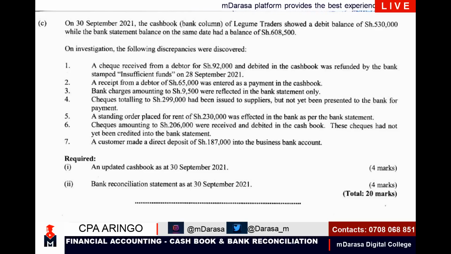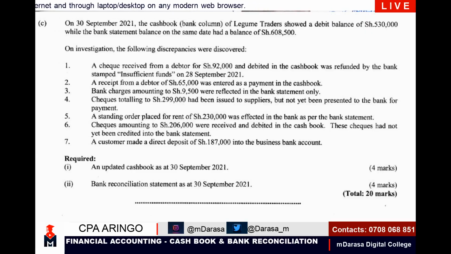Number one, we are told that a check received from a debtor for 92,000 and debited in the cash book was refunded by the bank stamped insufficient funds on 28th September 2021. So clearly, that is a dishonored check. Initially, what happened is that I had recorded it as a debit, as an amount that I had received from our debtor.